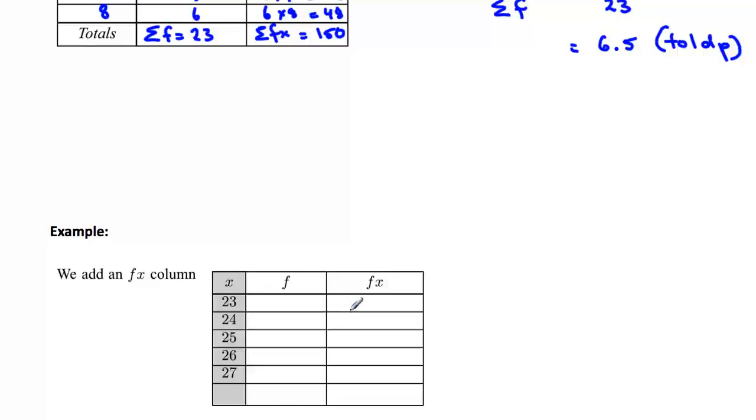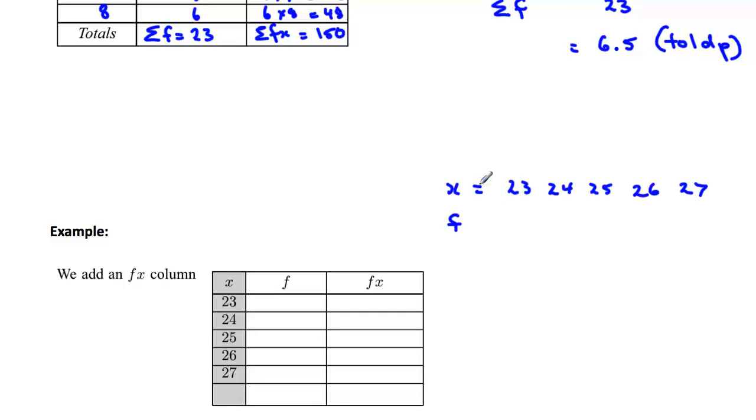Now we've got a frequency column here. We need to put some data in, and as you can see, the scores are written down here. So let's say that we've got scores of 23 right up to 27. And we're going to give these a frequency.